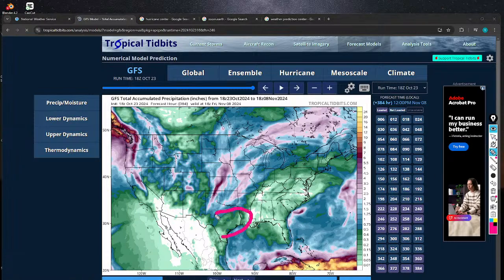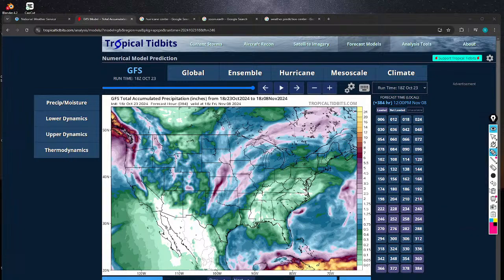So Texas, the southeast, mainly just the south part of Texas, isn't really going to get much rain, including the mountainous area of Texas. The north part of Texas, though, will get some, along with Oklahoma, Iowa, Kansas, not really Tennessee.